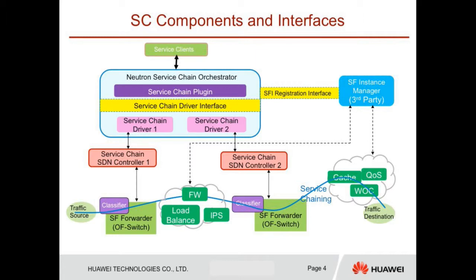Also, it should have information about whether it supports the service function chain header or not, and whether it supports the tunnel transport or not. The second interface is the service chain driver interface, which is the interface between the service chain plugin and the different vendor service chain drivers. That interface should have the information on the sequence of service function instances.